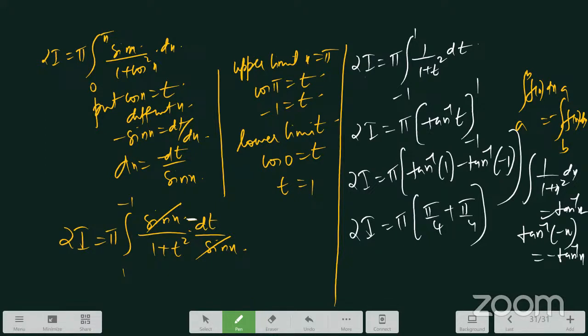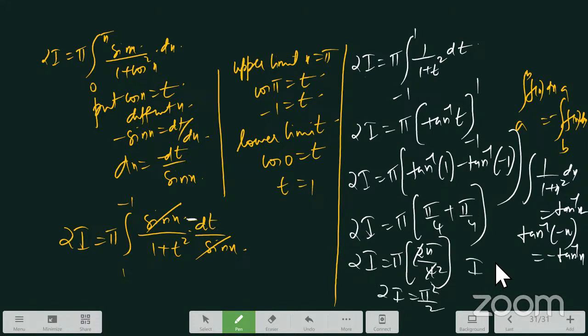The minus will come outside. So 2I equal to pi times 2 pi by 4. That is nothing but 2I equal to pi square by 2, so I equal to pi square by 4. This is our final answer.